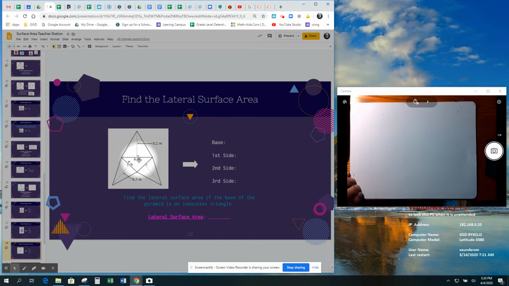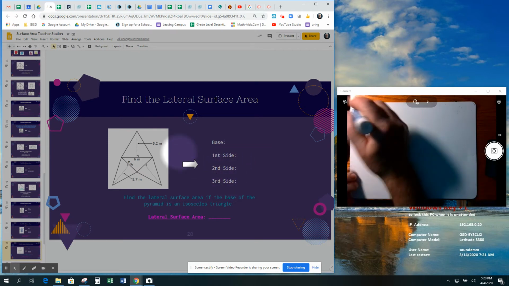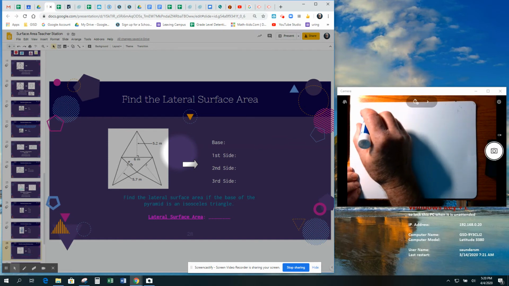Okay, they did not give us the dimension of the height of this base triangle, and since it only asks us for lateral surface area, we don't need that number. We're just going to calculate side, side, side. So we have two sides that are the same. I'm going to say 1 and 2 are the same.